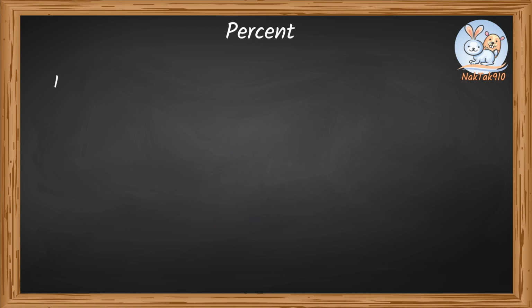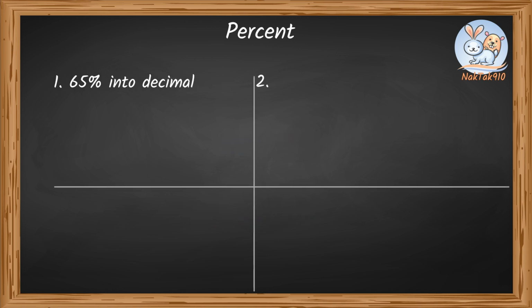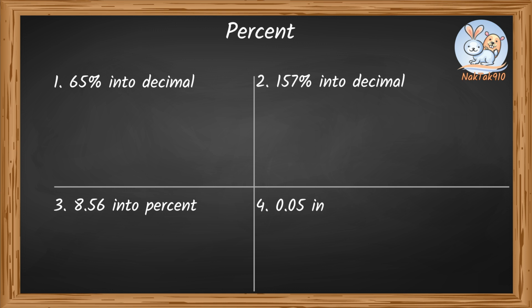Now convert 65% into decimal, 157% into decimal, 8.56 into percent, 0.05 into percent. 1. 65% will be 65 by 100 equals 0.65. 2.